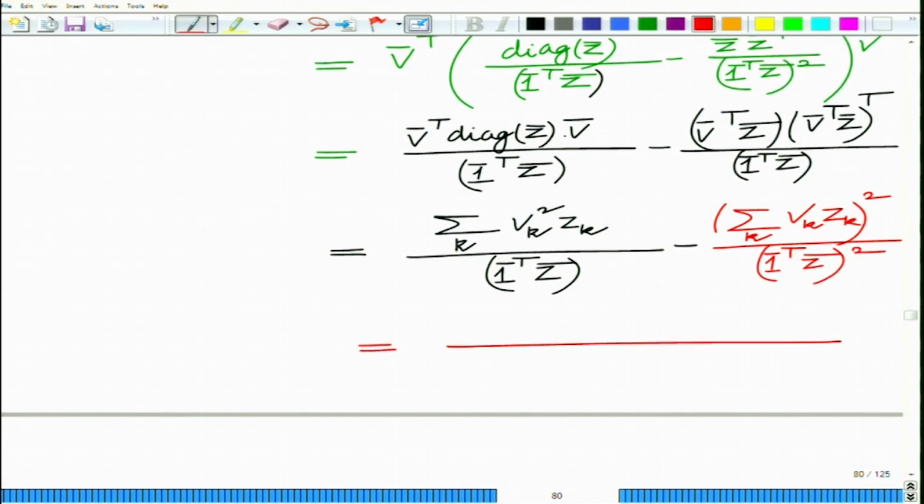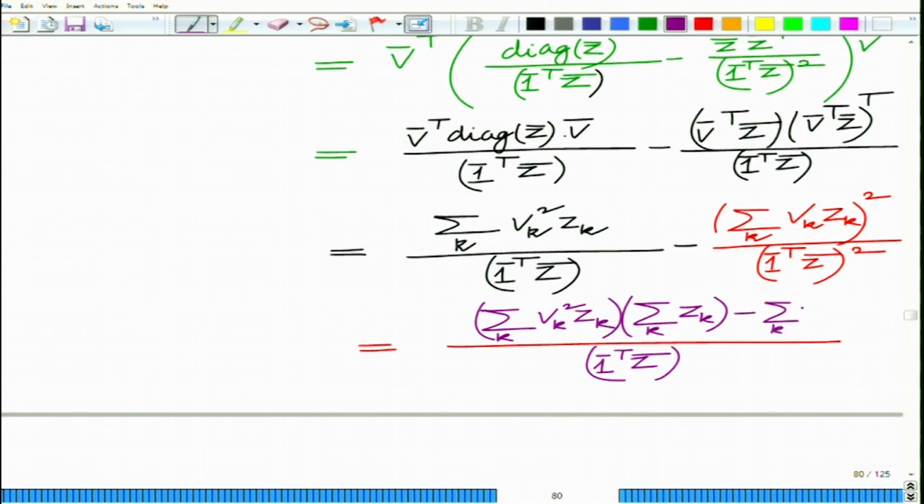If you simplify this, in the denominator you will have 1 bar transpose Z bar whole square, and the numerator is summation K Zk times summation K Vk square Zk minus summation K Vk Zk whole square. Okay, and this is the quantity.